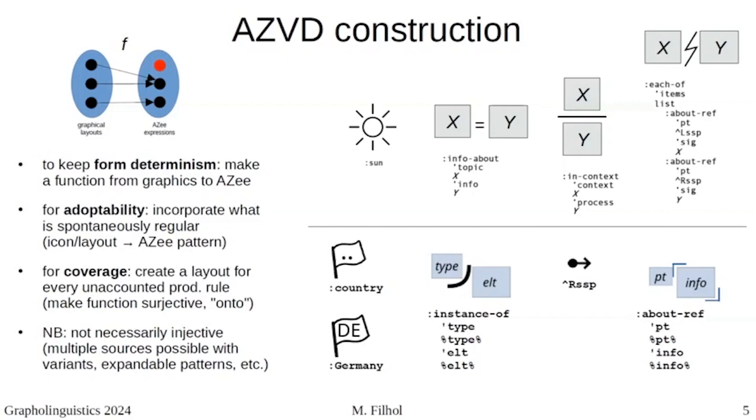So for the math people out there, we want a surjective function, not necessarily injective. We don't want a red dot, and we allow several arrows to go to the same thing, because sometimes you have variants, and so they point to the same expression.